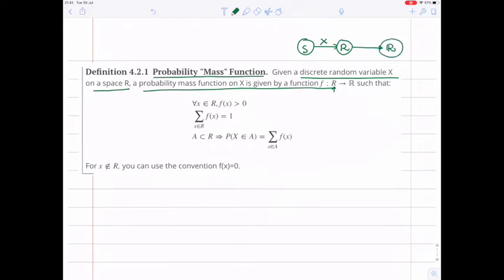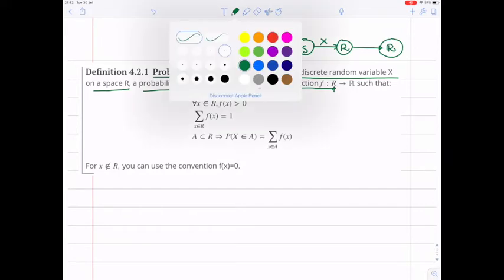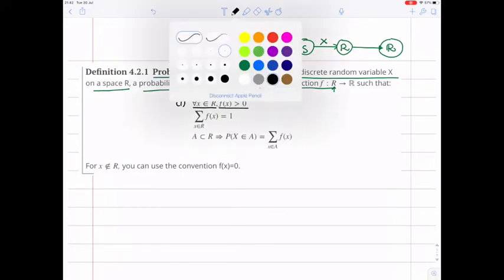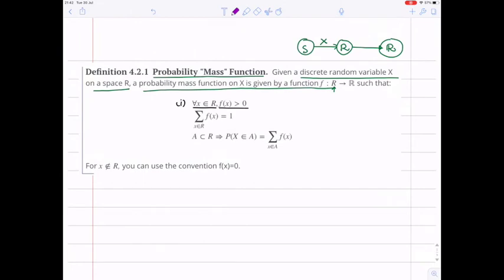with the following properties. So the first property is that for every x in our space R, f of x is bigger than naught. So this is just a little side note over here. If you haven't seen this notation before, this upside down A means for every.